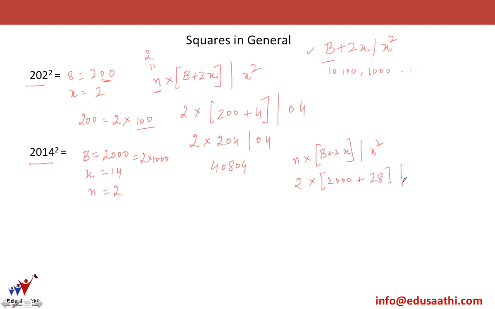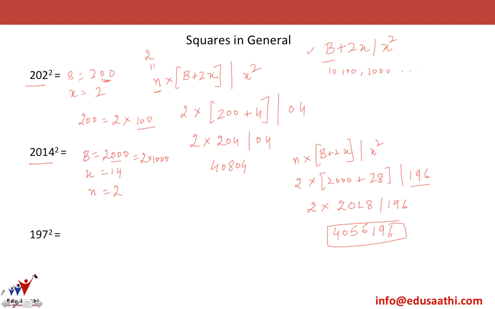I have this slash, and x square, which is 14 square, is 196. Now since 2000 has 3 zeros and 196 has 3 digits, this is perfectly fine. So I'll have 2 multiplied by 2028 slash 196. So this gives me 4056196 as the square of 2014.